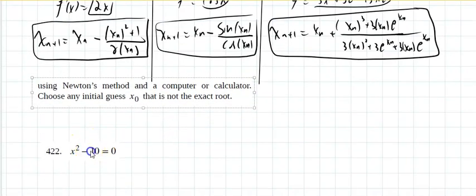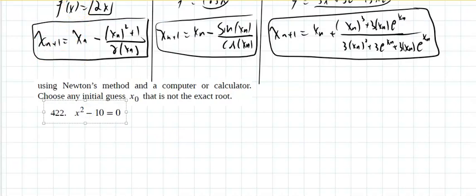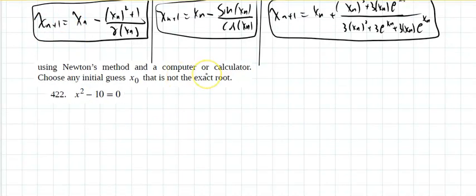And in the next problem, we want to figure out where this equals 0. So we start off with, we need to know what x sub 0 is. And let me show you how to choose that. If this is the actual work, we know that if we solve this, we're going to get x equal to plus or minus square root of 10. So it says, using this method in a computer calculator, choose an initial value, find the initial x sub 0 that is not the exact root.